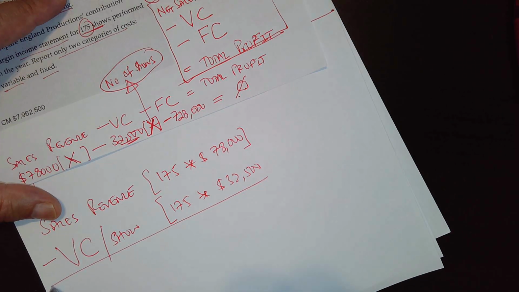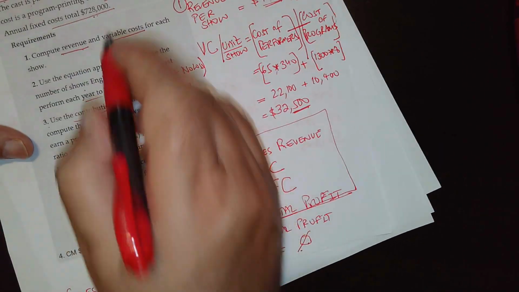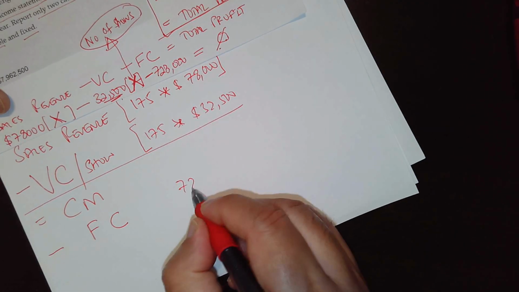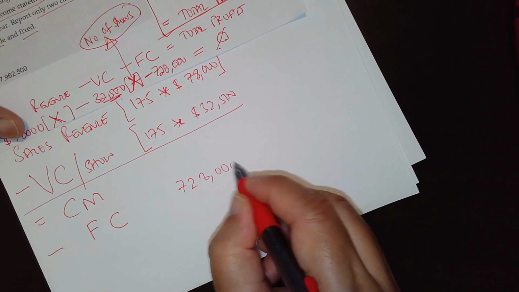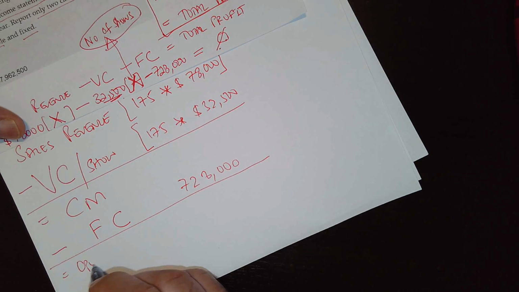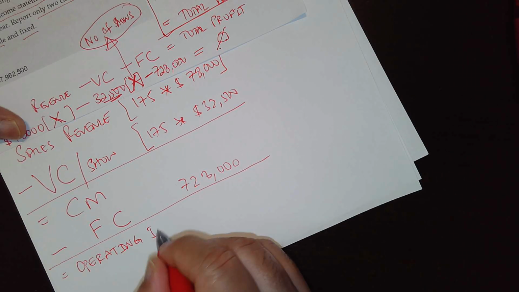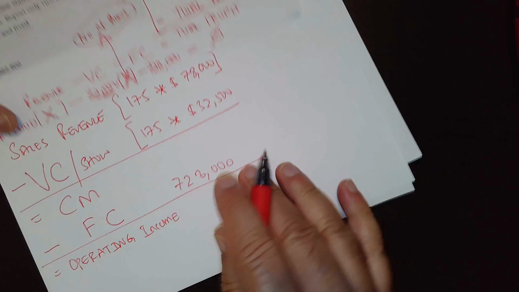That will give us a contribution margin, and from here we can subtract the fixed cost, which is given to us, 728,000, and that will give us a target profit or operating income. Because we are preparing the income statement, we call this operating income here.